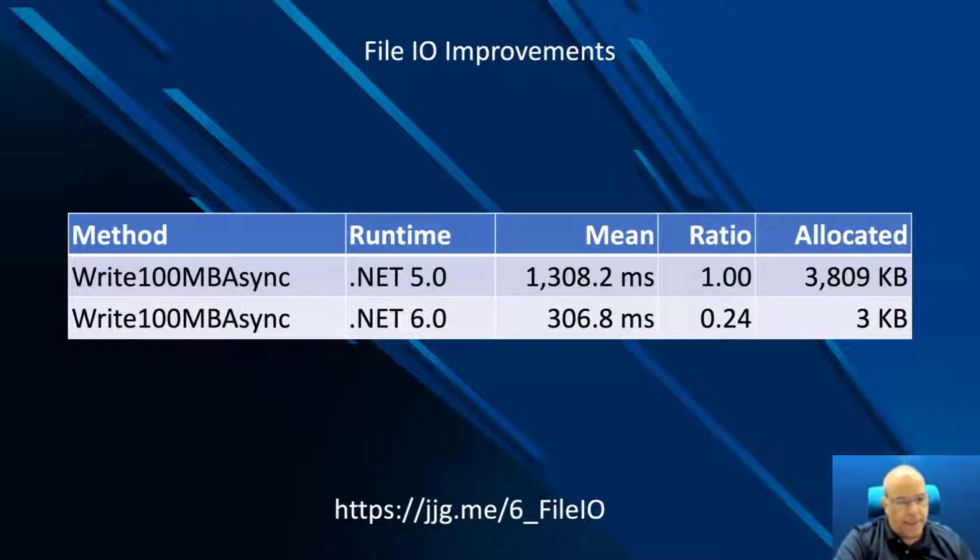In .NET 6, that went down to 308 milliseconds, so basically a third of a second, and used almost 1,000 times less memory, at 3K. And you'll see that theme throughout the SDK.